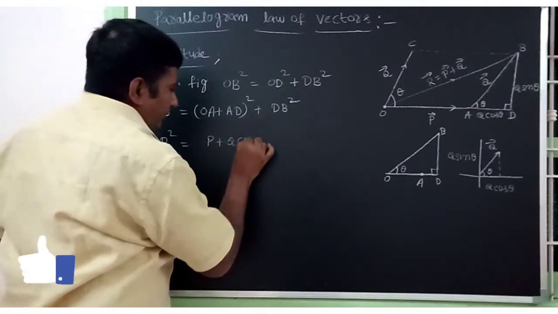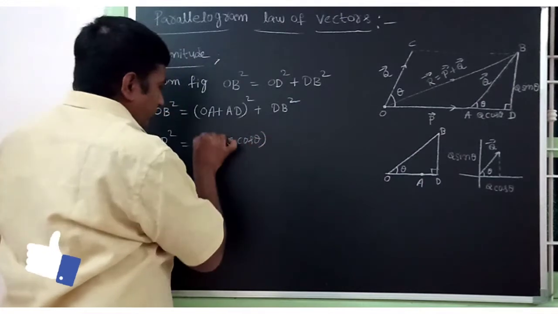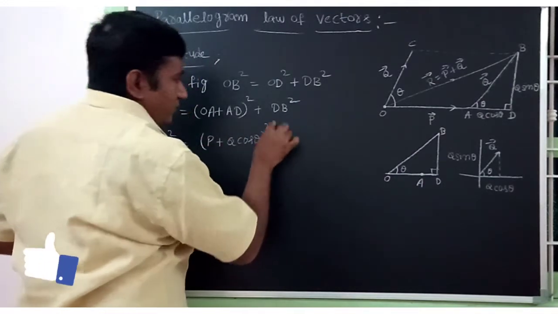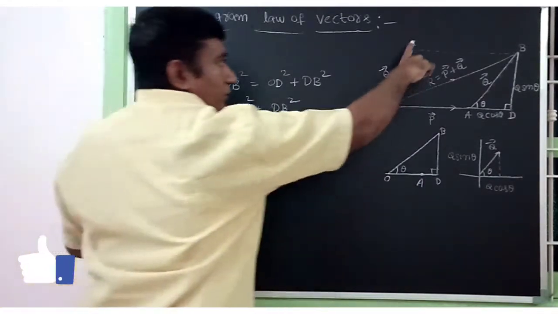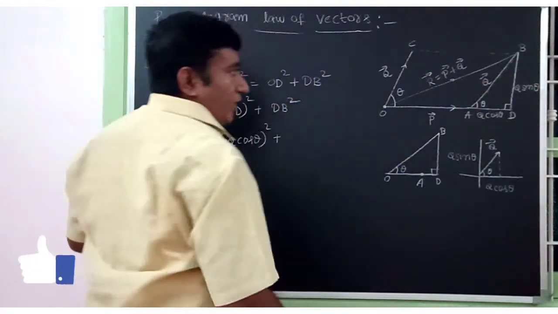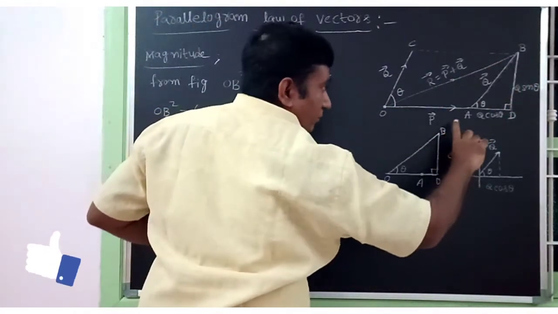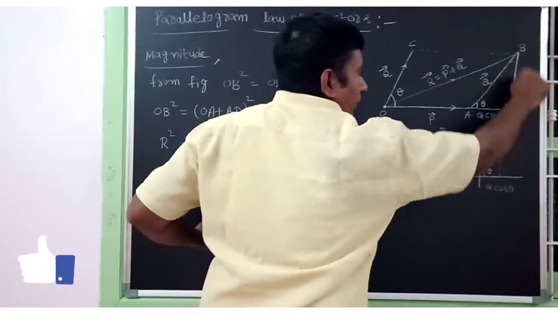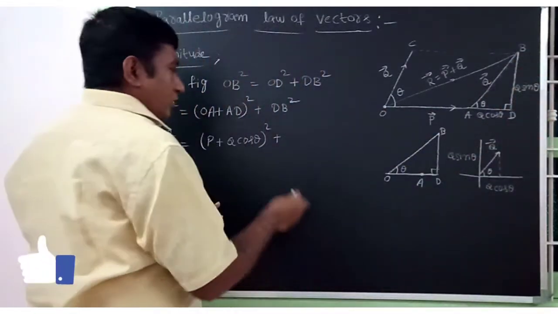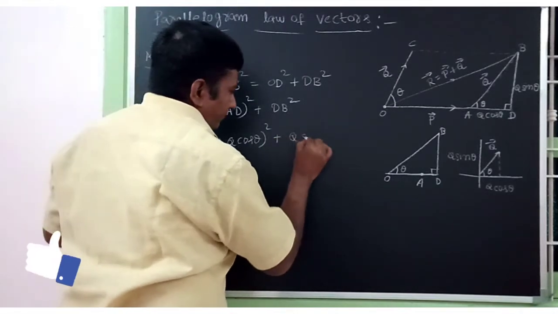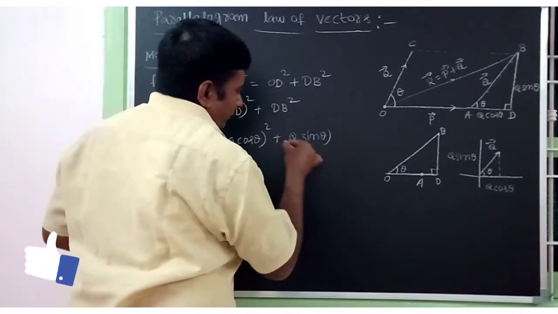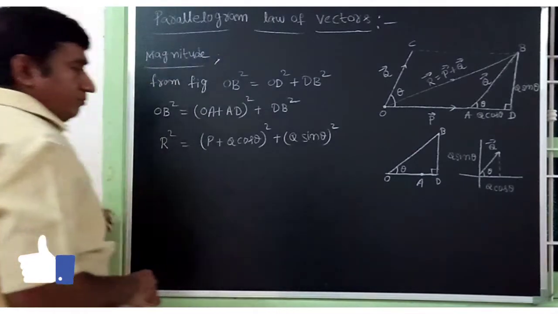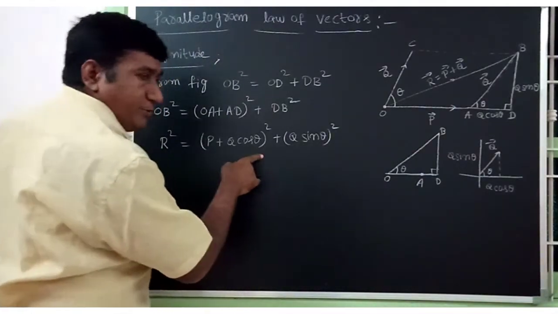So we have Q cos theta whole square plus DB square. In terms of magnitude, DB is Q sin theta, so Q sin theta whole square. This is in the form of A plus B whole square.